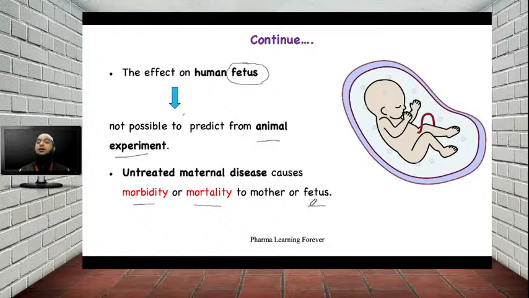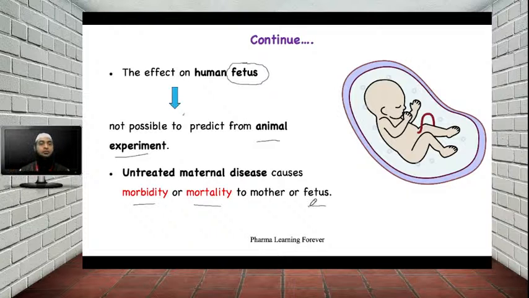So just looking at the safety of the fetus is not enough. You need to look into the safety of both the fetus and the mother. So sometimes, in unfortunate conditions, you need to take certain decisions based on balancing the benefit to the mother as well as the fetus.